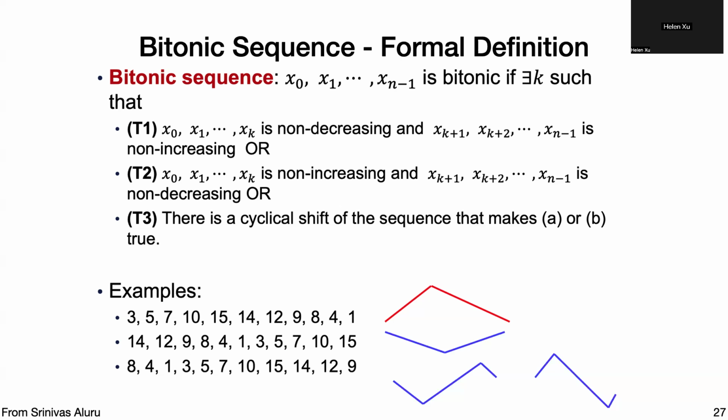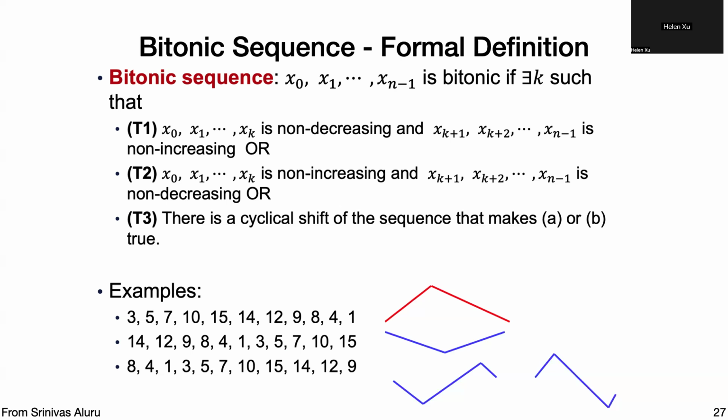These are some examples. This one, 3, 4, 7, 10, 15, is the turn, and then 14 down to 1. So this is up and then down. Case 2 is down and then up: 14 down to 1, and then going back up to 15. The last one is a shift: down, up, down.